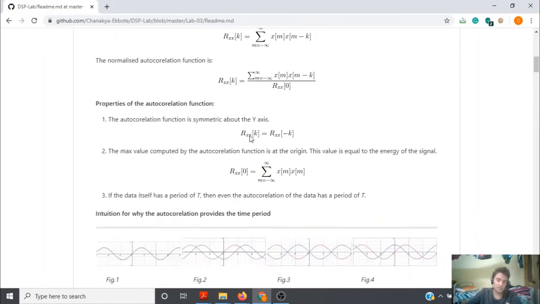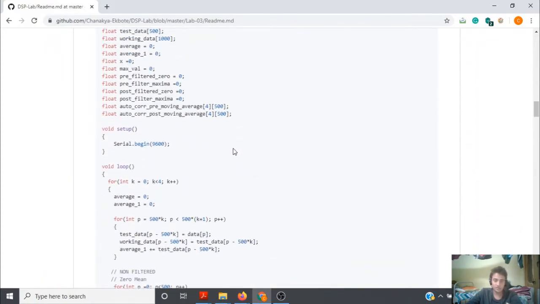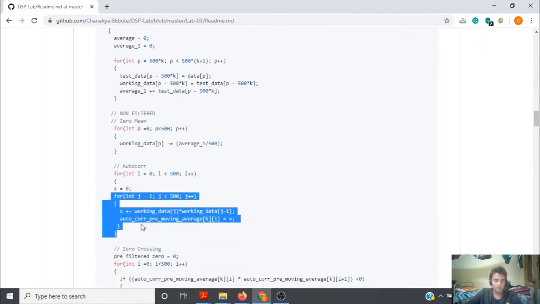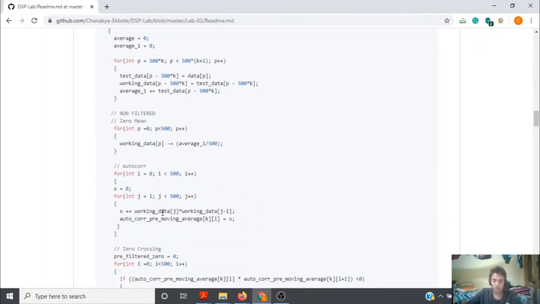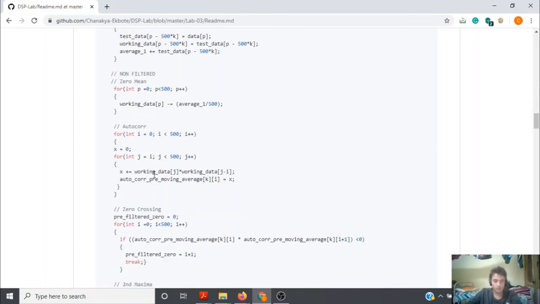But in our case, since we have only a finite length of samples, it is from 0 to 500, and we are only looking at one side, not a symmetric signal. Since this is only delaying it by i samples, you can easily see that this gives you the autocorrelation, and we are just storing this in a particular array for the sake of computation.